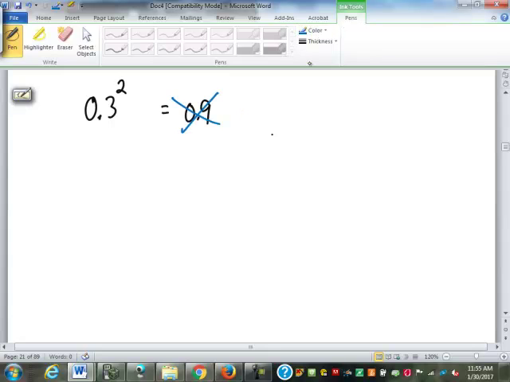Say no. No, it's not. 0.3 squared, of course, is 0.3 times 0.3. 3 times 3 is 9, but we have a total of 2 decimal places in the problem. We have to have 2 decimal places in the answer. It is 0.09.